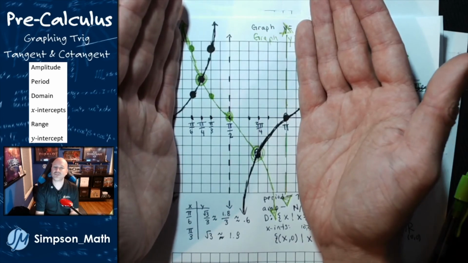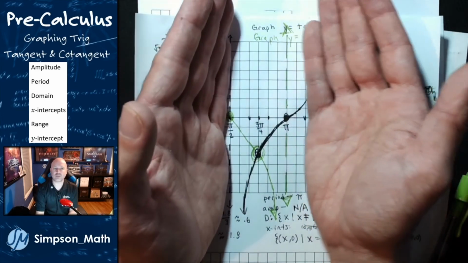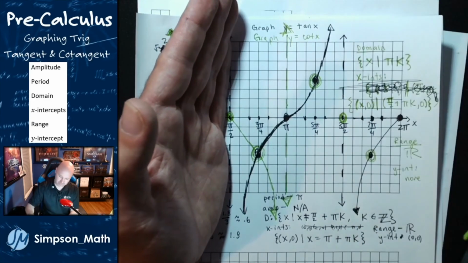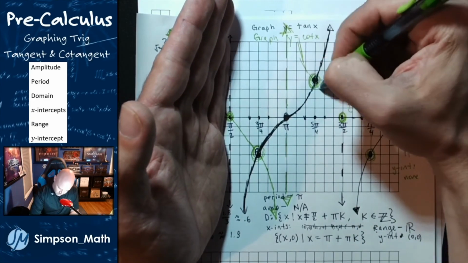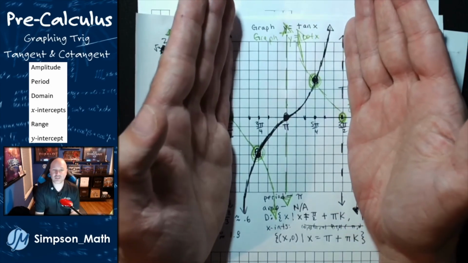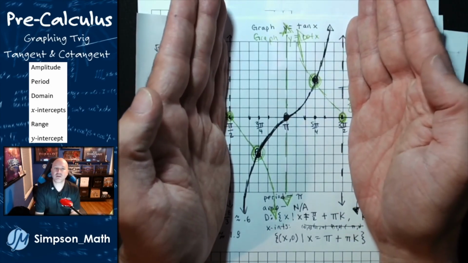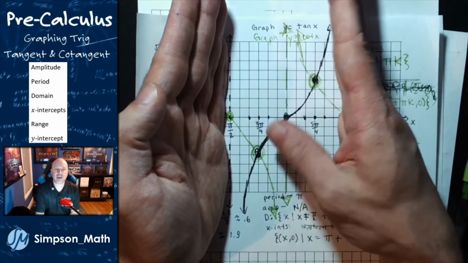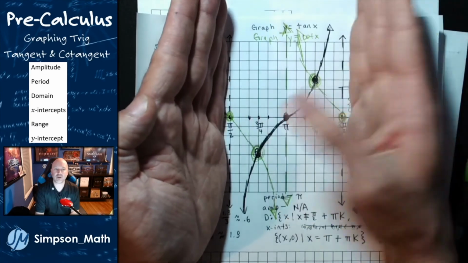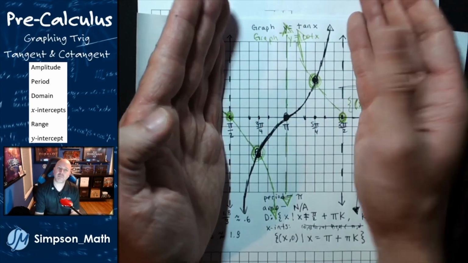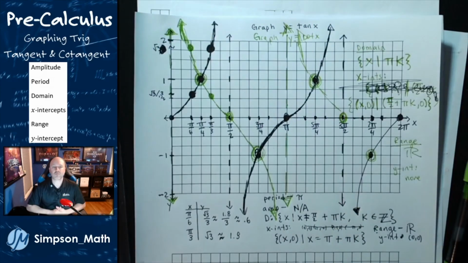If I were to change the window or the interval from pi halves to 3 pi halves, then tangent is unbroken. Looks nice and pretty. I can see all of the outputs of tangent in one nice graph, unbroken. But the cotangent is now broken. All right.